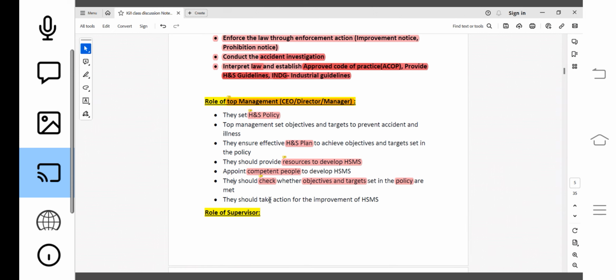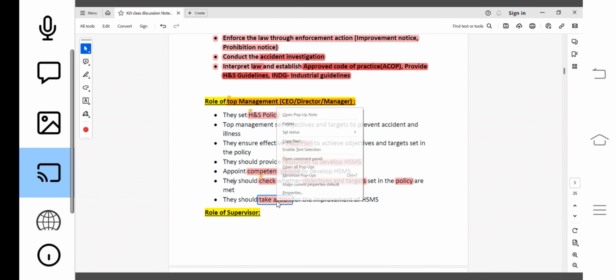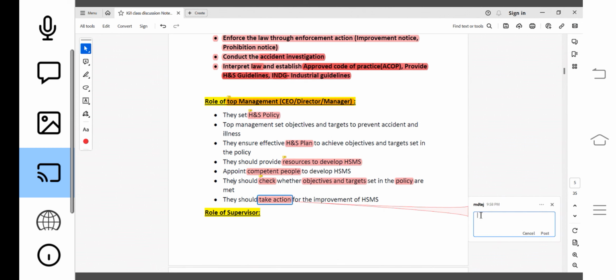Now the top management will take action, because in the audit report there will be some recommendations given by the auditor. On those recommendations, those non-conformities or non-compliance, meaning NCs, the top management will conduct a meeting.